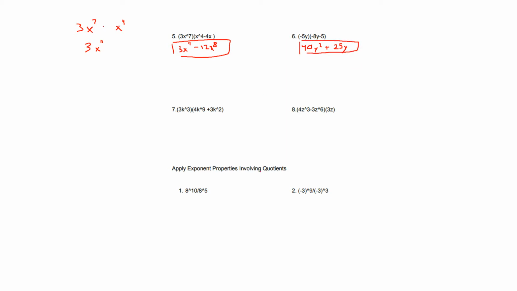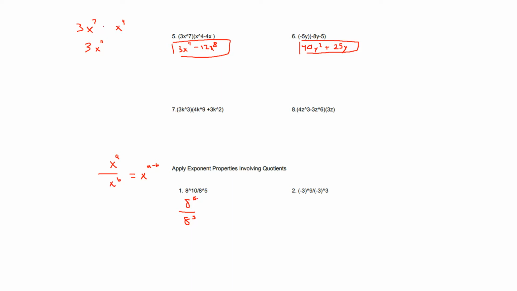Okay. This next part, apply exponent properties involving quotients. So here we have 8 to the power of 10 over 8 to the power of 5. And here a rule you need to know is if you have something that looks similar to this, and there could be coefficients as well, if there's the same base, like x and x or 8 or 3 or 4 or 5 or whatever, then you could just make it so that it's that base, but it's to the power of a minus b.